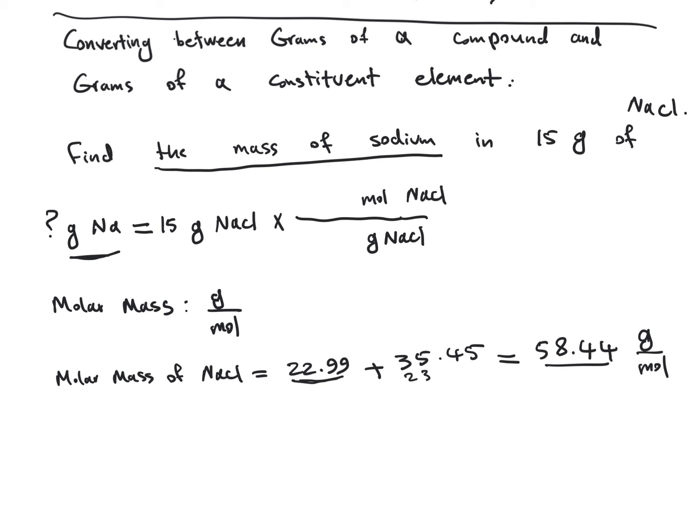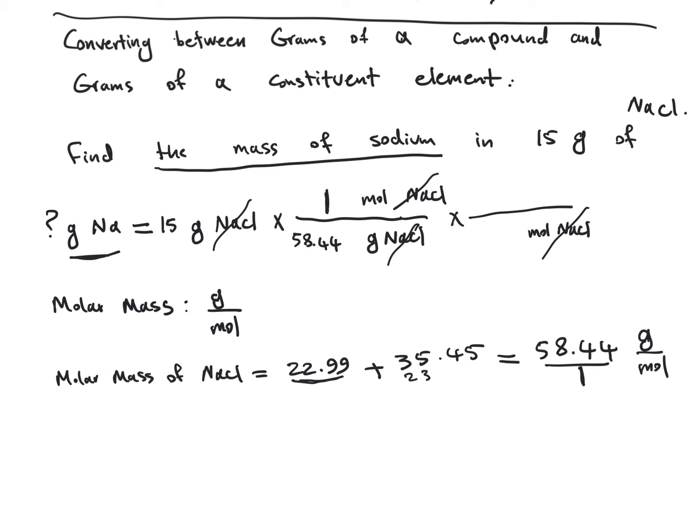So 1 mole of NaCl has 58.44 gram. Right? This is one part of the problem. And here we have mole of NaCl because we want to cross that out.